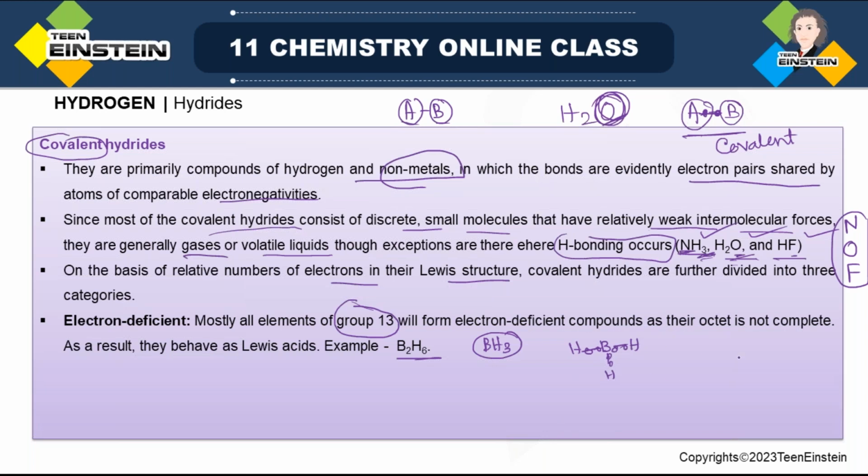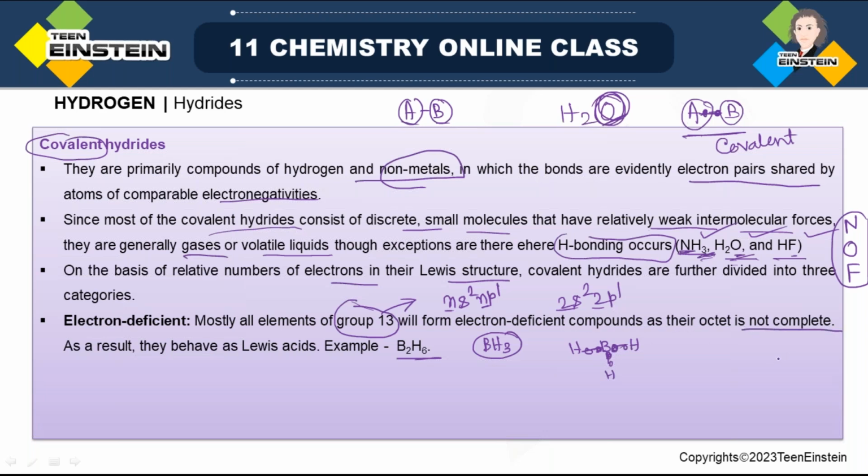Boron itself has 3 valence electrons because it is from group 13, and the general valence electronic configuration is ns2 np1. For boron, which is from the second period, n is 2, that is 2s2 2p1, but whatever the value of n, it always has 3 valence electrons. These 3 valence electrons are used for the formation of 3 covalent bonds with hydrogen, and the total number of electrons surrounding boron is 6. So the octet is not complete.